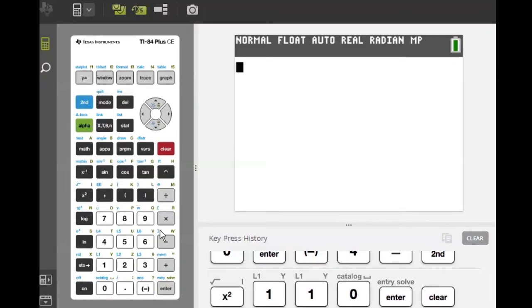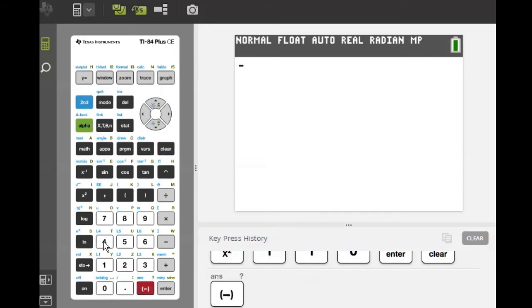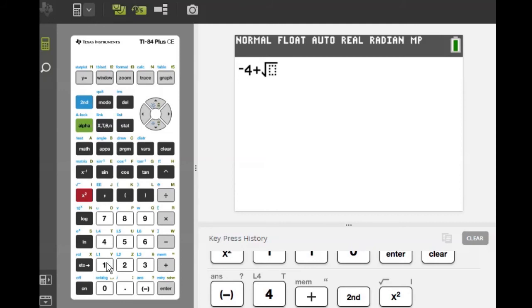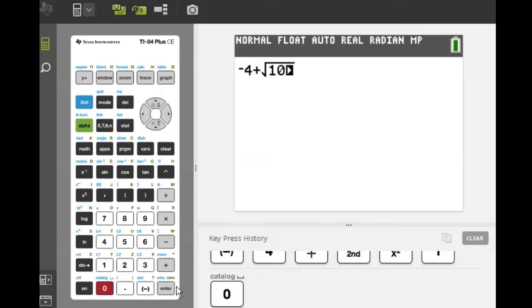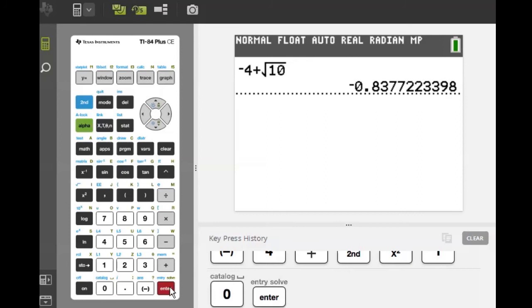First, I need to identify what the values of x are in decimal. So I have negative 4 plus radical 10, and the answer in decimal is negative 0.8377, which I'm going to round to negative 0.838.